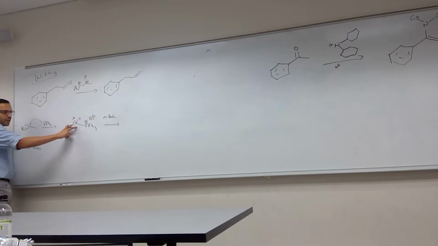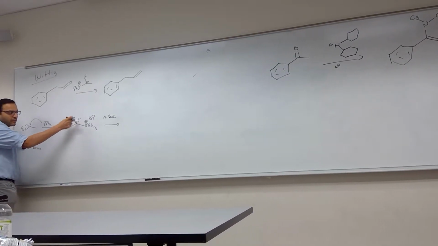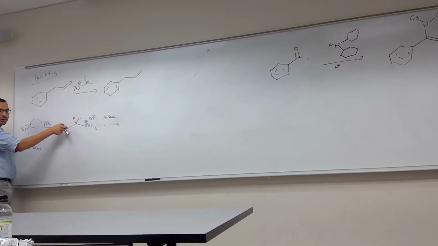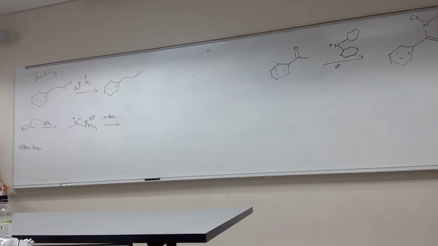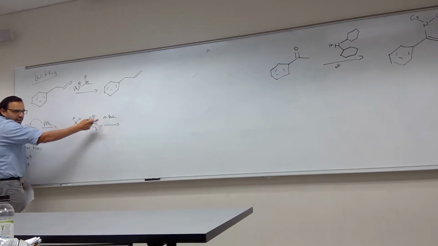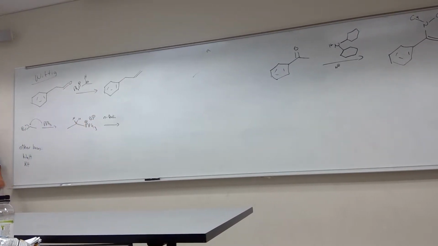And it's going to vary on the groups that you have here. If this becomes more acidic because you have a carbonyl or other types of functional groups, you can certainly use milder bases. So oftentimes you see sodium hydride, potassium hydride, any of the organolithiums, certainly they're very, very strong. So butyllithium is a common one, but if you want to decrease the reactivity, secondary butyllithium, tertiary butyllithium, another reactivity, the bulky ones.